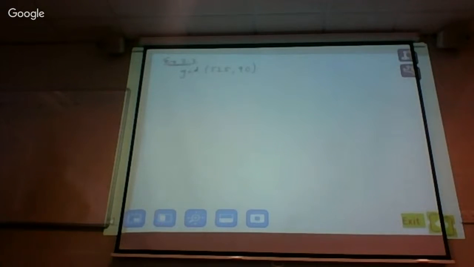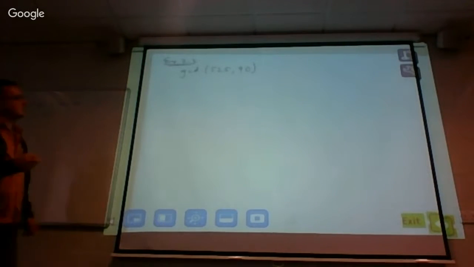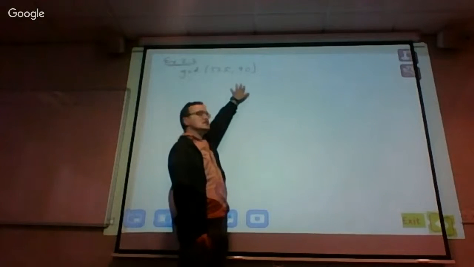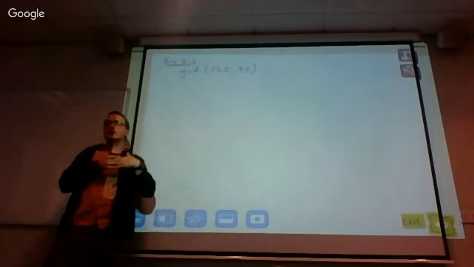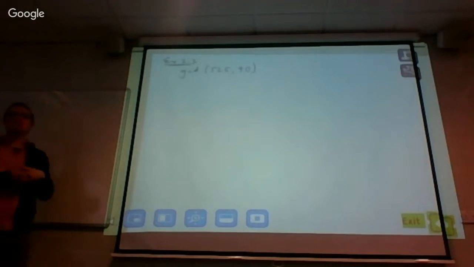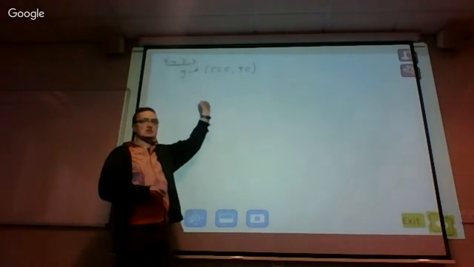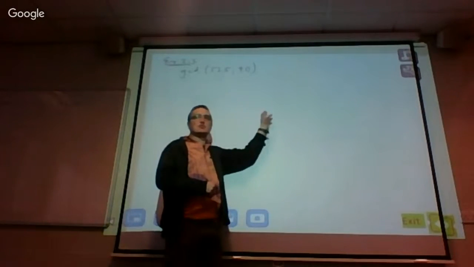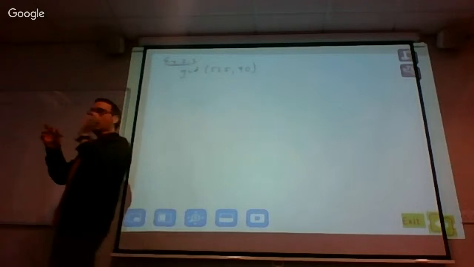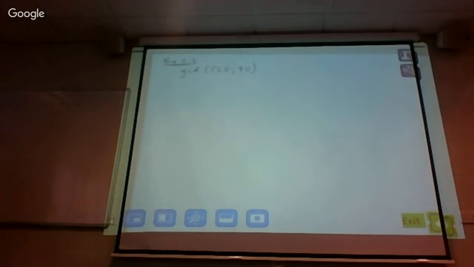Because I got a good answer from the class there that the greatest common divisor of these two numbers will just be the overlap in their prime factorizations. You factor 525 into a product of primes, factor 90 into a product of primes, and then look at what's common in the intersection of the two factorizations, that will be the greatest common divisor.